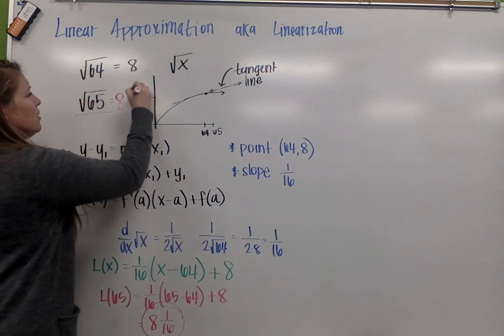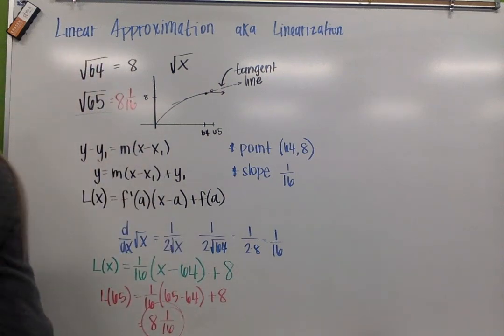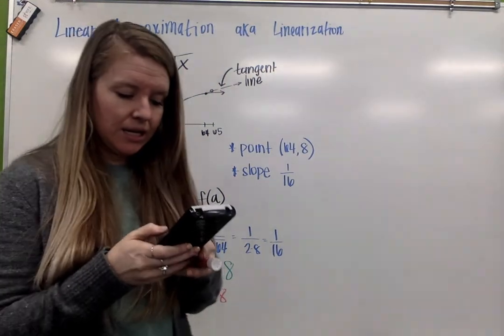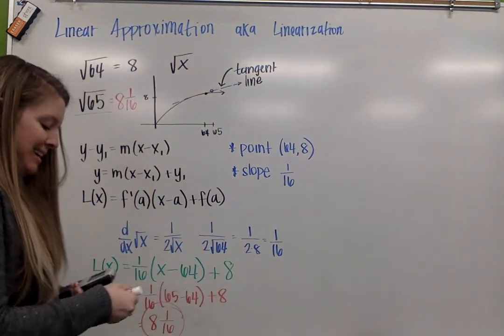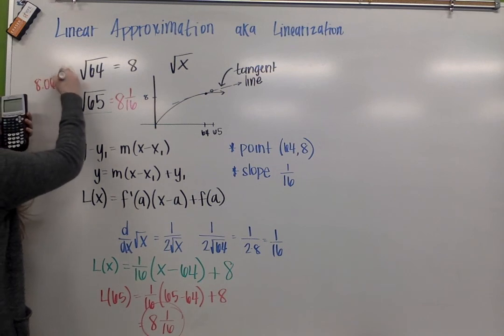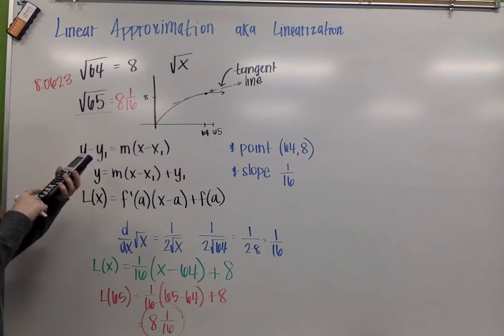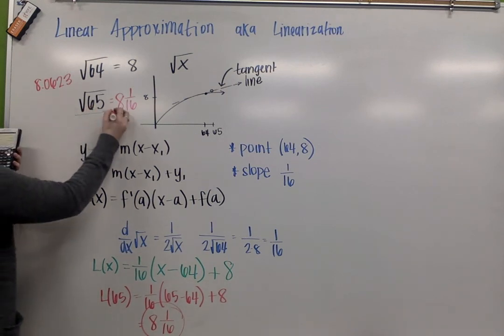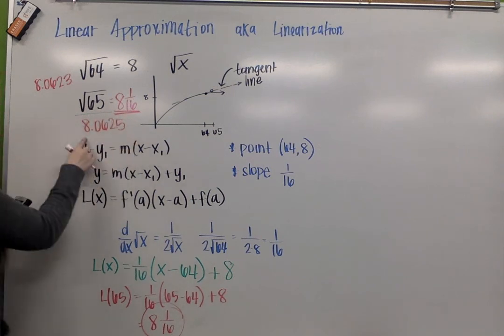Well, if we're curious here, I'm going to ask my calculator what is the square root of 65? And it is telling me 8.0623. And if I take my 8 and 1/16, this guy is 8.0625.